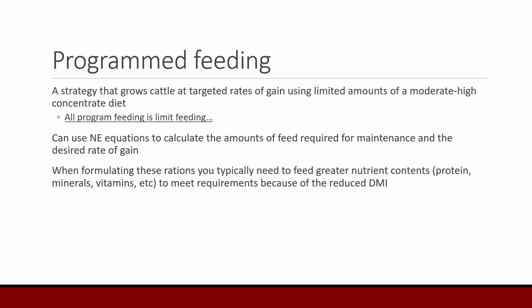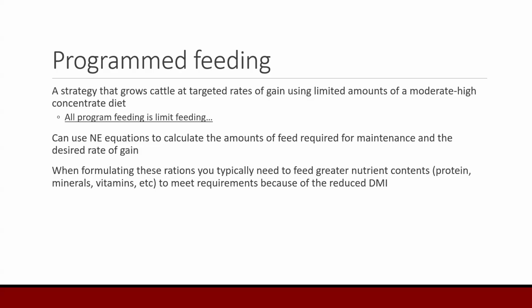All right. So program feeding is a strategy that grows cattle at targeted rates of gain using limited amounts of a moderate to high concentrate diet. Again, all program feeding is limit feeding, but not all limit feeding is program feeding. So you can use the net energy equations to calculate the amounts of feed required for maintenance and the desired rate of gain.